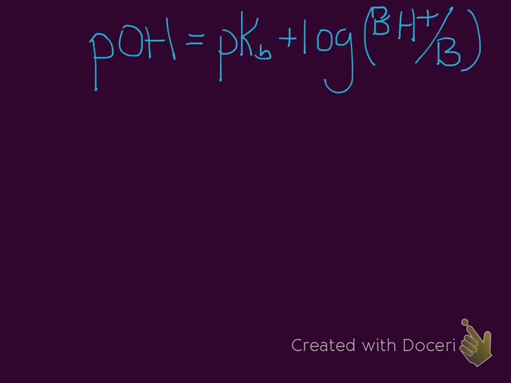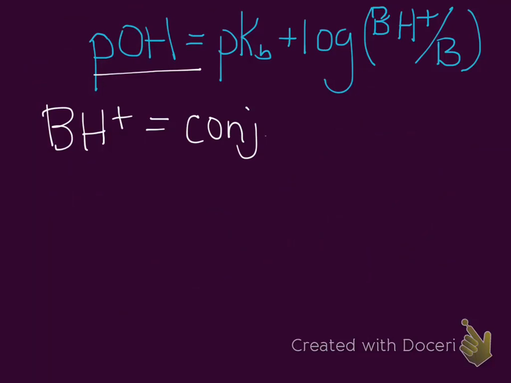The other equation, and this mirrors it, is going to be the pOH equals pKb plus the log of BH plus over B. So we remember that BH plus is going to be your conjugate acid. So it's got a positive charge. All conjugate acids will have a positive charge.